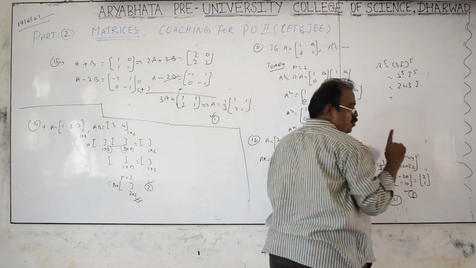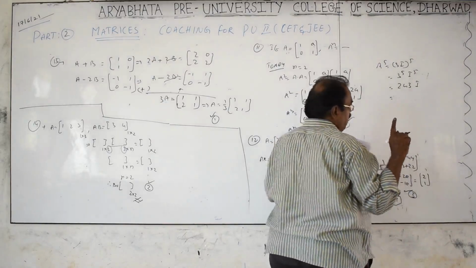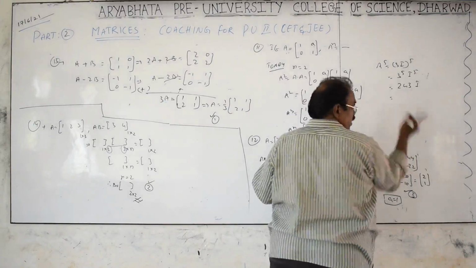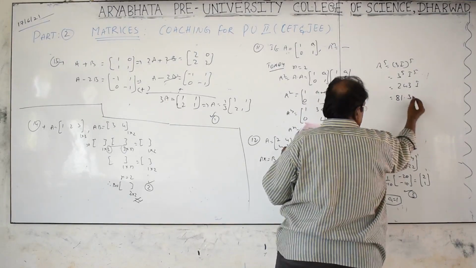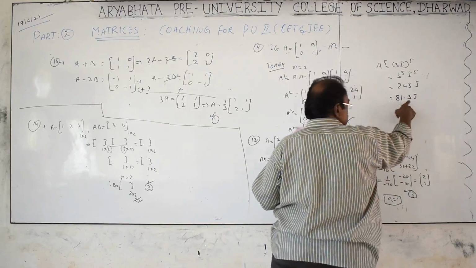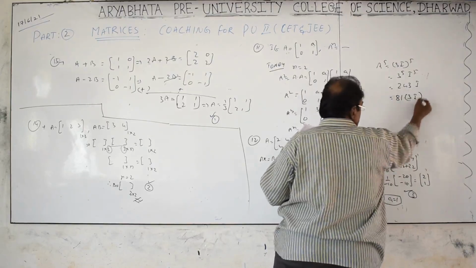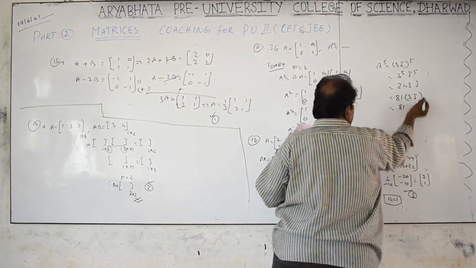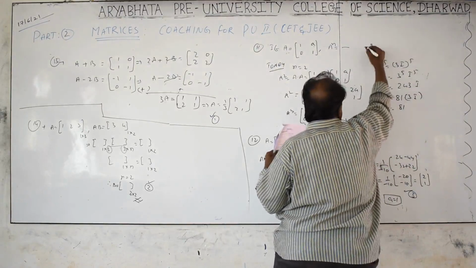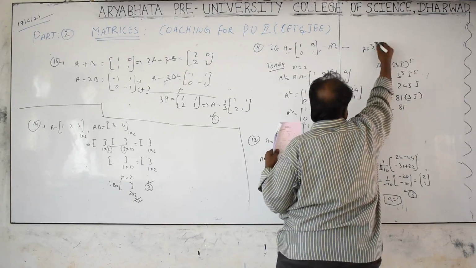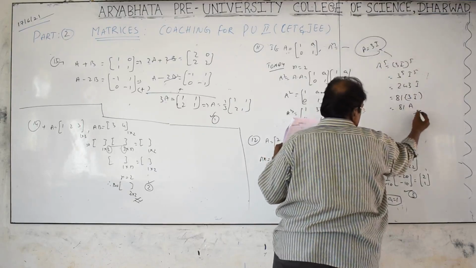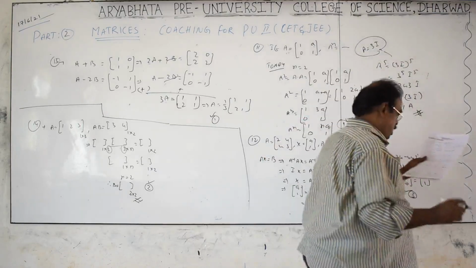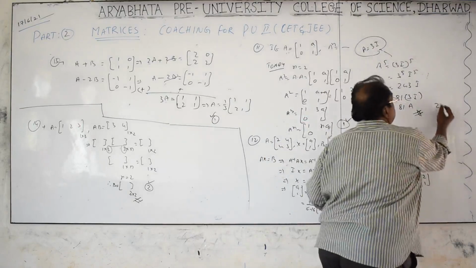But it is not 243i; again we change it into A. That means 81 into 3i. 81 times 3 is 243. So 81 into 3i, we solved A is equal to 3i. So it is 81 A. That is option 2.